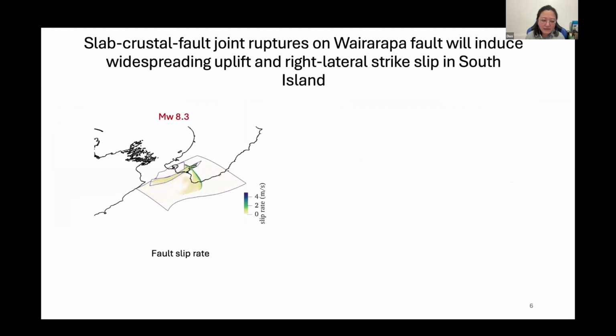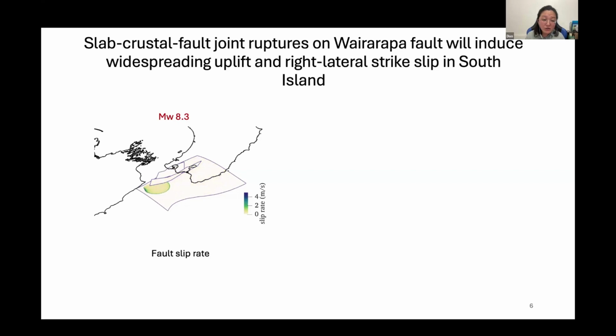And the second example is a slab interface and crustal fault joint rupture. In this, we plug in the southern part of Hikurangi, and the two crustal faults are the Wellington Hutt Valley and the Wairarapa fault, which has been proved to have ruptured in history.